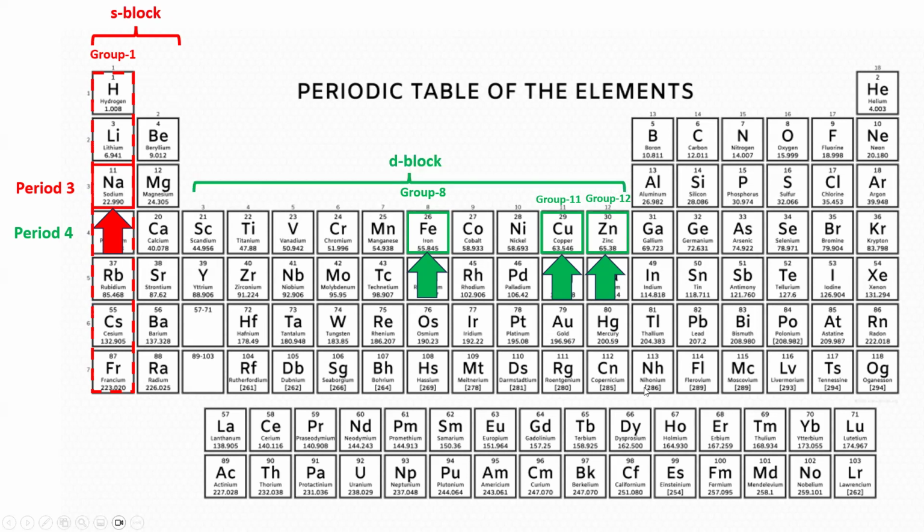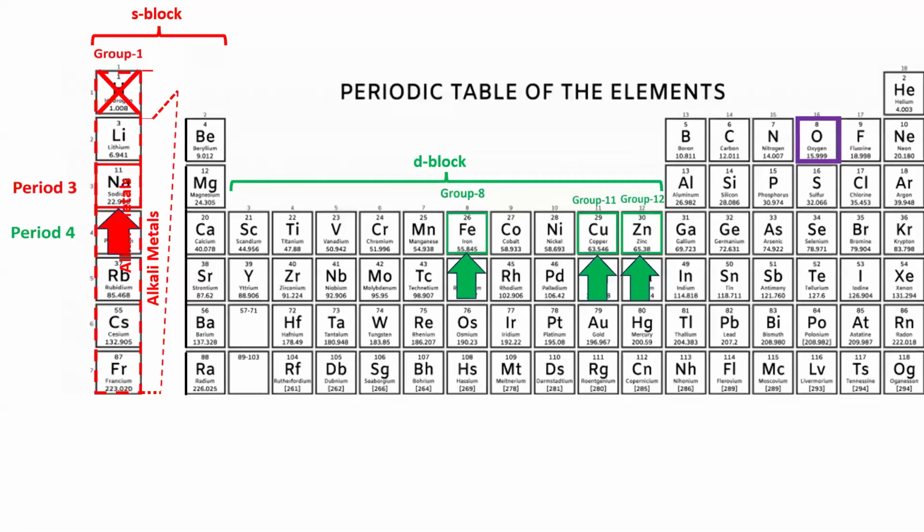And if we look at these three metals which are situated in the middle, these middle groups are called D block elements, and mostly the electron in the last shell, if you try to locate it, would be in a d orbital. So the last electron is going to be filled in the d orbital here. This is a common property of all these three metals, iron, copper, and zinc: all have the last electron in the d orbital.